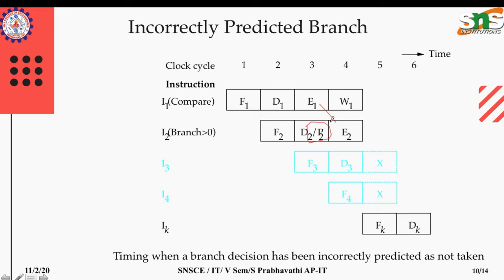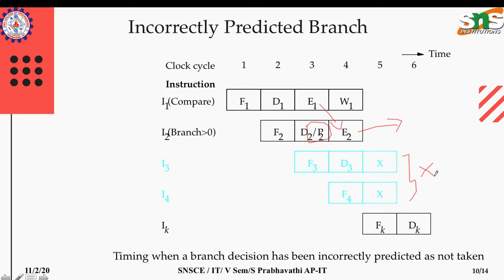Its output is forwarded. Okay, we have seen operand forwarding, right? After forwarding this output to instruction 2, we come to know that the predicted branch is wrong. So what happens, these two instructions are already in the pipeline, and there comes the delay, this stall.